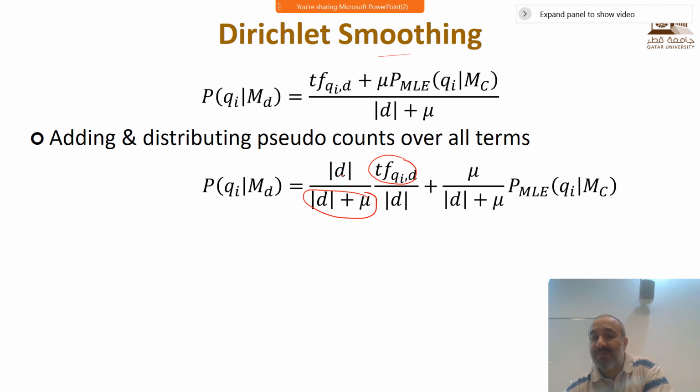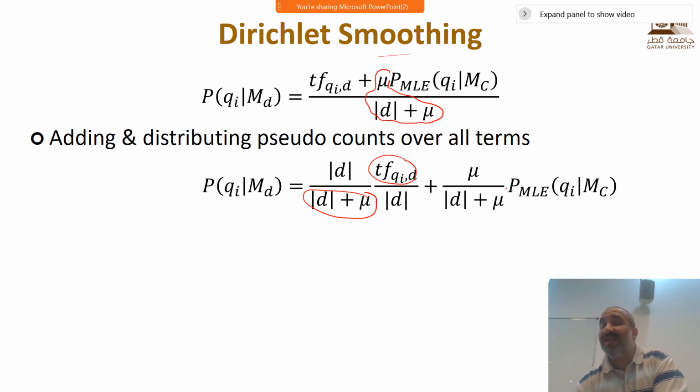Here we just multiplied by the length of the document and divided by the length of the document. So we didn't change anything. Okay? With me? Plus this part times the background probability. So this is mu over the length of document plus mu times the background probability.